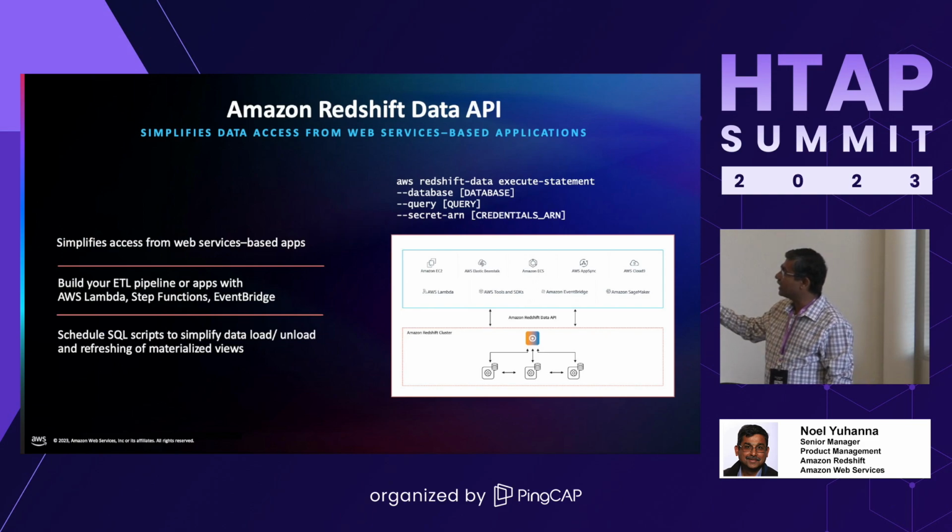So this allows you to write code even in JavaScript without having to deal with closing or opening database connections. So you abstract all the complexity. And all the 6 languages supported by the AWS SDK are supported with this API. So whether you use Java or Python or Go or .NET, you can use this API.